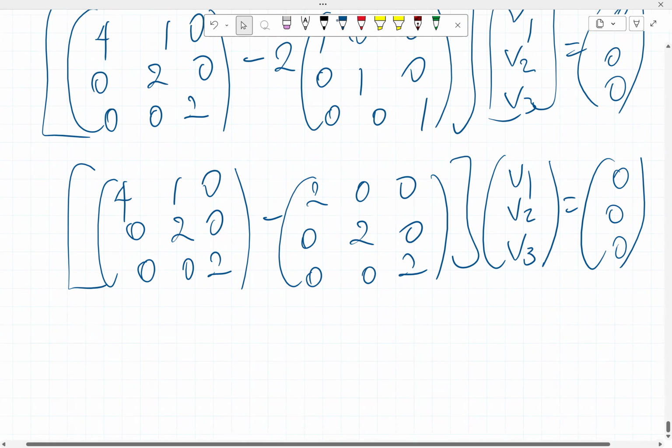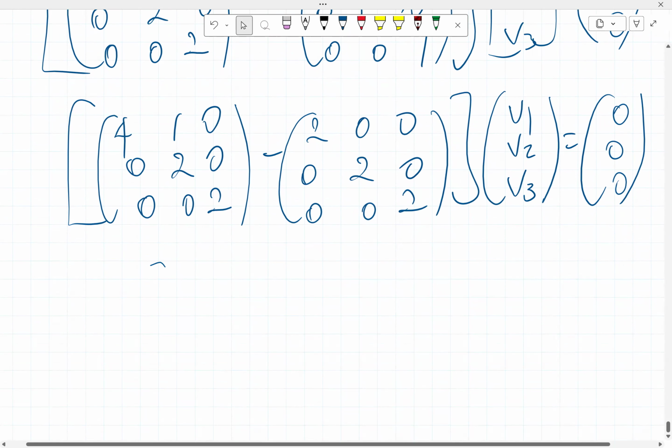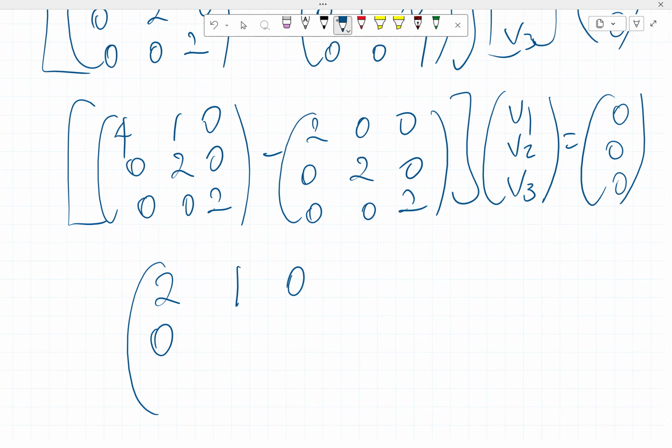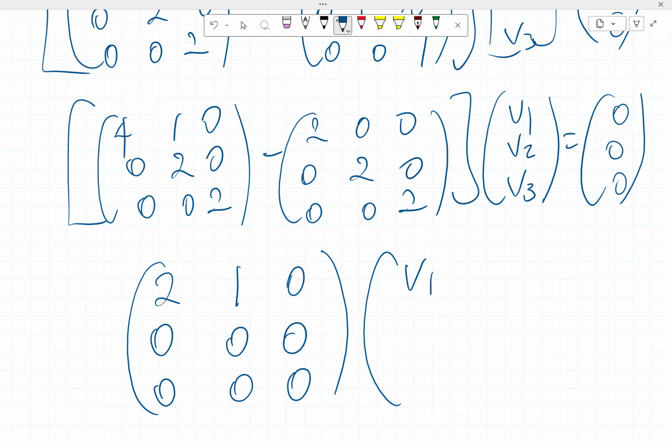We then have 4 minus 2 is 2, 1 minus 0 is 1, 0 minus 0 is 0, and 2 minus 2 is also 0. The other entries are 0 minus 0 again, 0. Interestingly, 2 minus 2 is also 0. All this is multiplied by V1, V2, and V3, and equals 0, 0, 0.